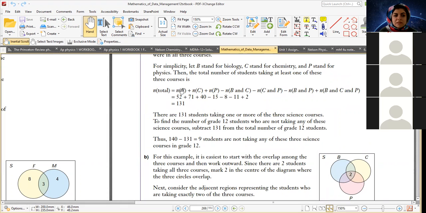N total is the people who are taking biology plus the people who are taking chemistry plus the number of people who are taking physics, minus the common between biology and chemistry, minus the common between chemistry and physics, minus the common between biology and physics, plus the common between biology, chemistry, and physics. When you have 3 groups, this is the formula you use to find the total.